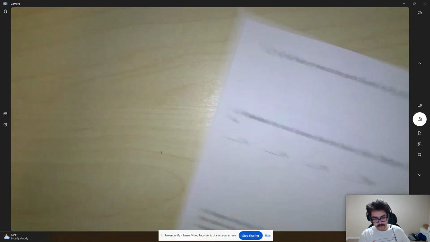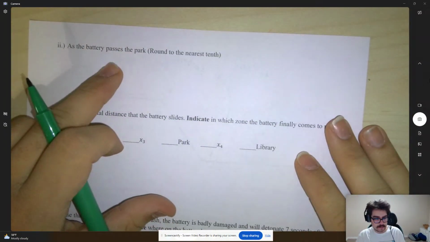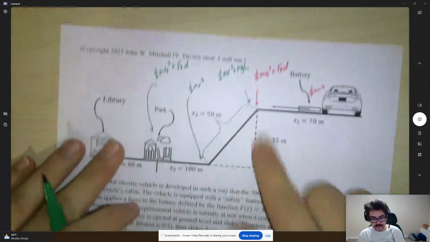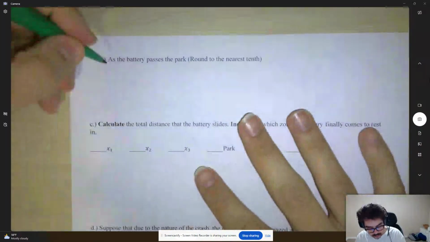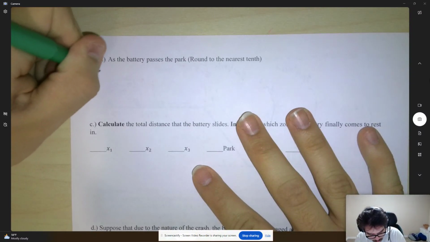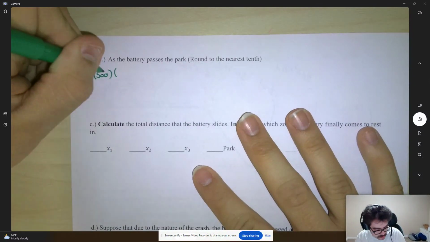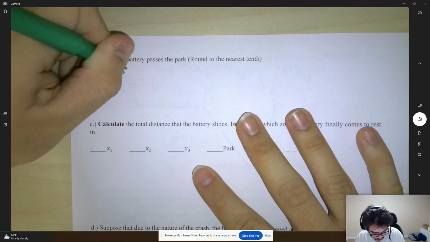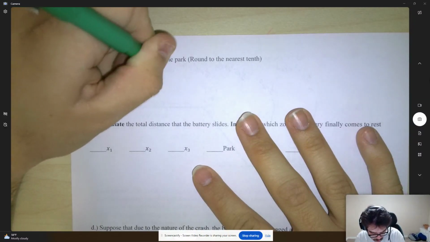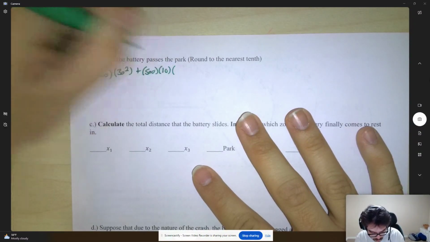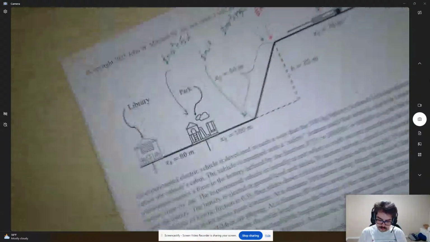Okay. So as the battery passes the park, first off, I need to figure out what's the speed after it finishes the incline, right? So I should have 1/2 times 500 times the velocity, which was 30, plus the mass, which is 500, times 10, times the height, which was 35.